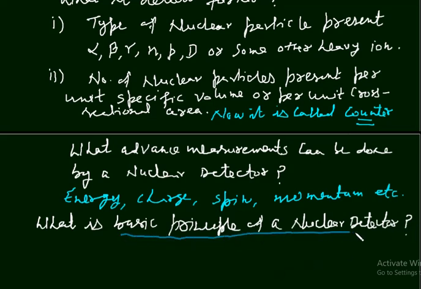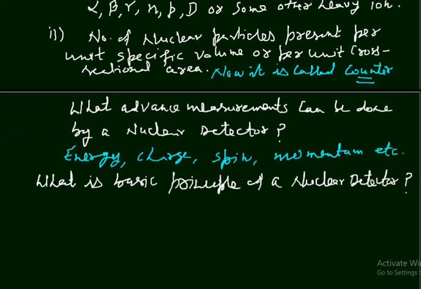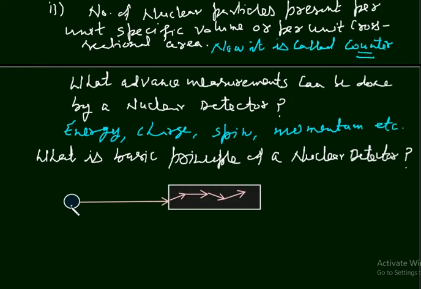The basic principle of a nuclear detector depends on the mode of interaction of the nuclear particle with the atoms or molecules of the medium through which it passes. This is a nuclear particle, and this is some medium.